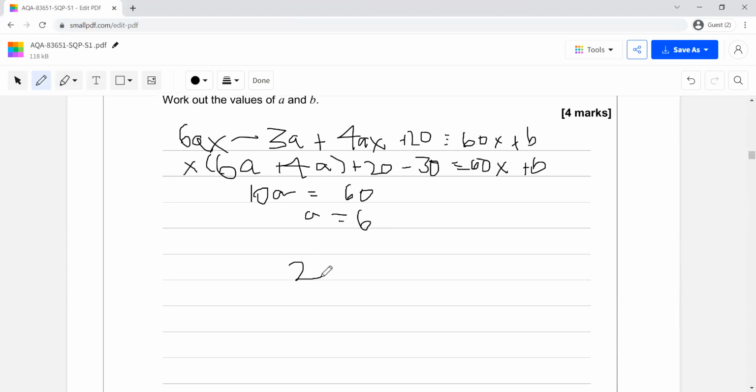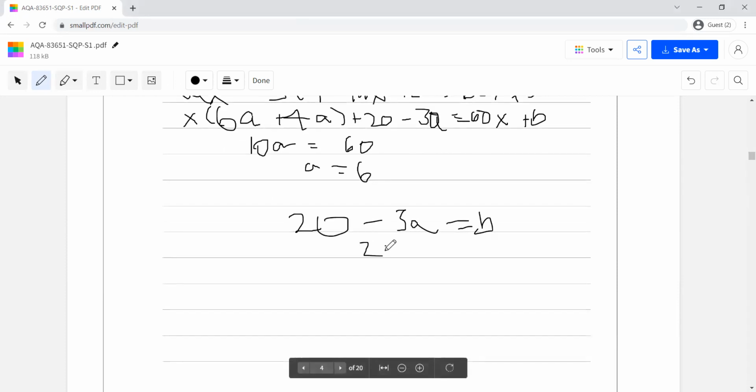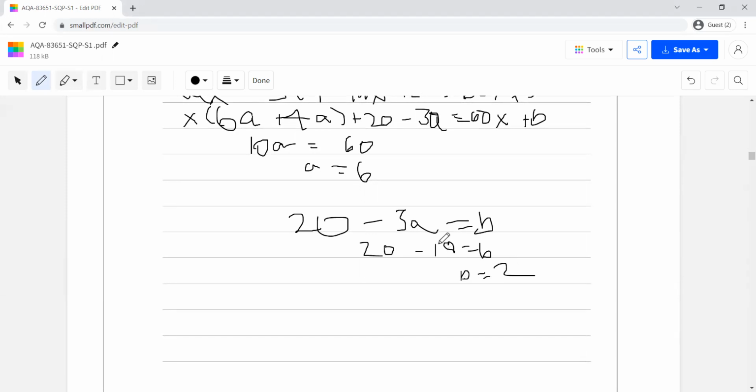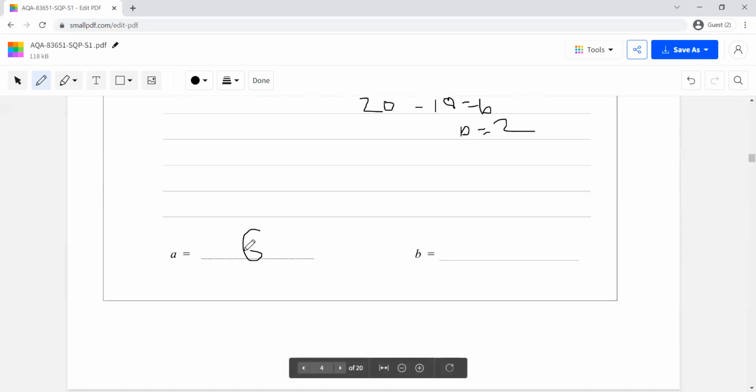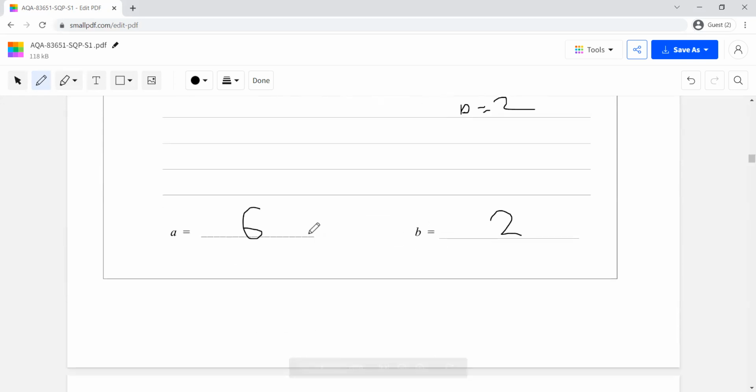So we have 20 minus 3a is equal to b. So what we do is do 20 minus 18 is b. So b is 2. So the answer is a is 6 and b is 2.